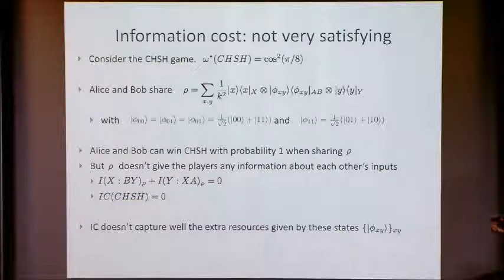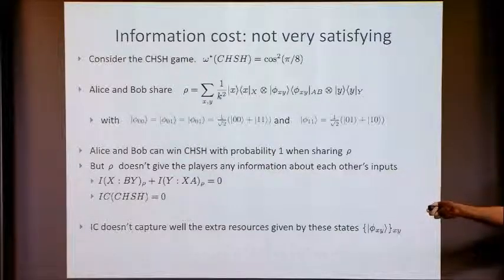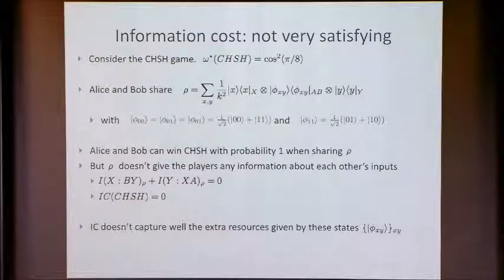And it will be the same thing if y equals 1. So it felt like a good notion, the amount of information that you give away about each other's input, but it doesn't capture the extra resources very well, because even though this sum of mutual information is 0, there are some extra resources.